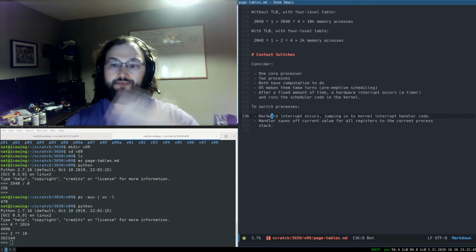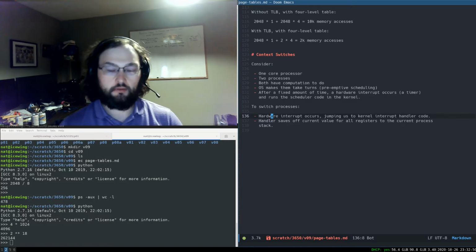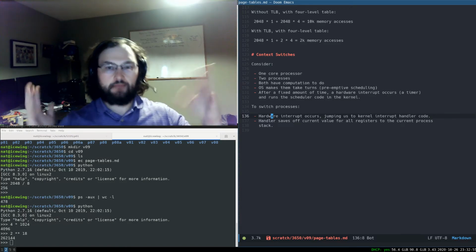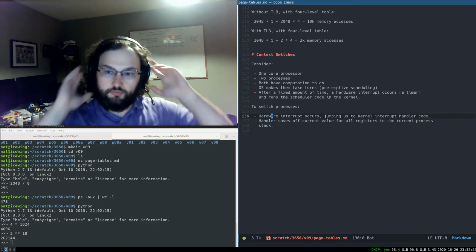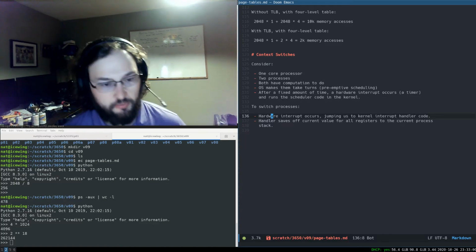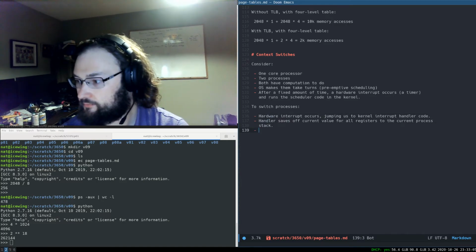And in the process of getting to that handler, one of the things that happens is we're going to save off the current process state. That includes all of the registers, and stuff that we're saving just gets shoved onto the current process's stack, where the stack pointer is pointing. Generally, we have space to put stuff there, and so that's what happens.